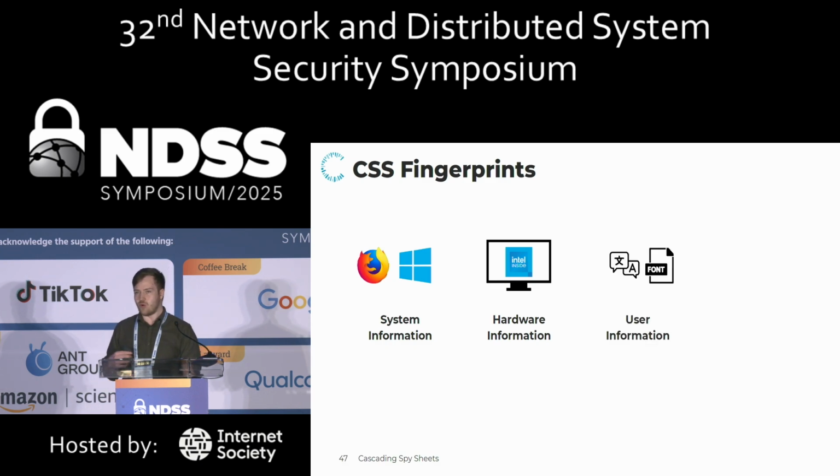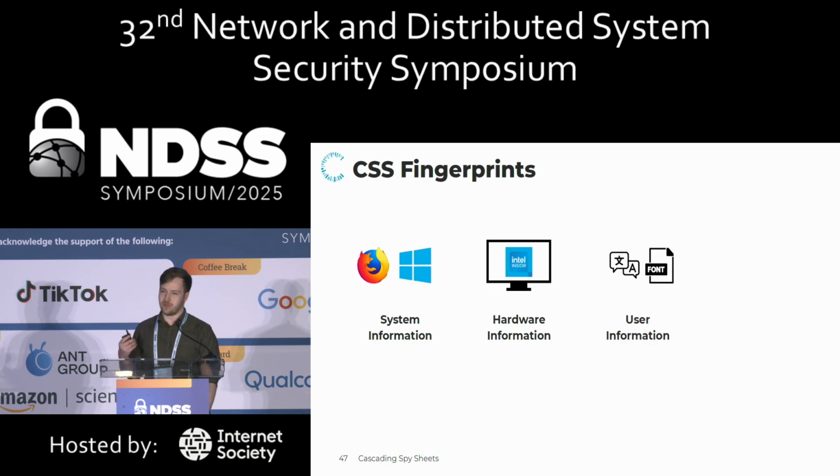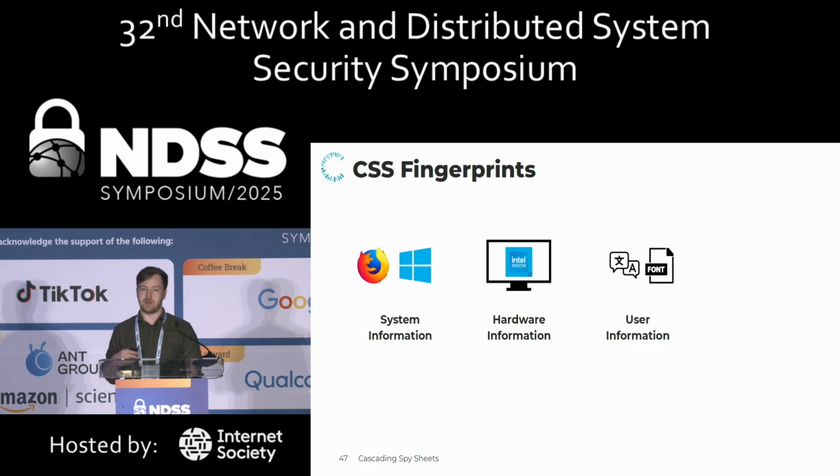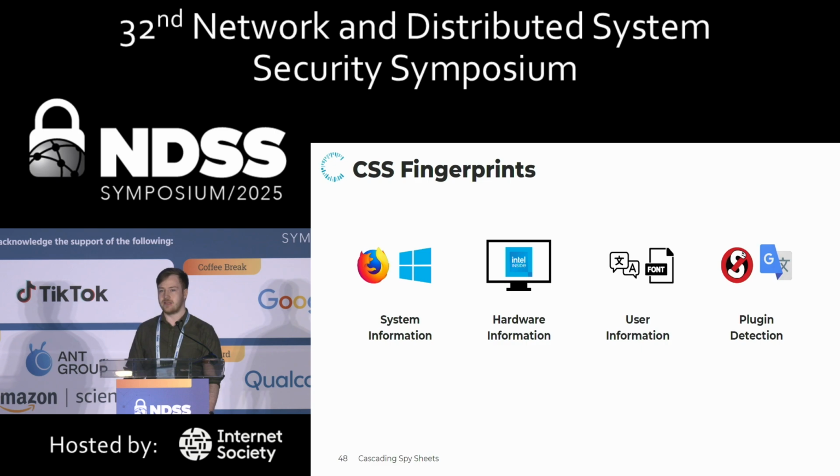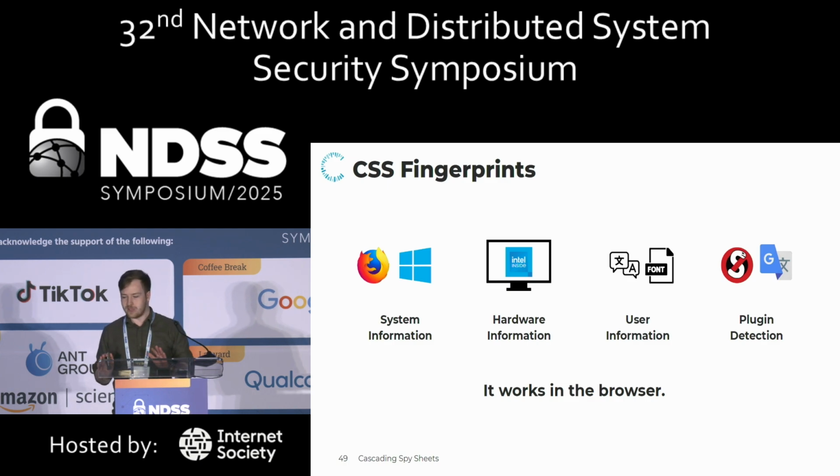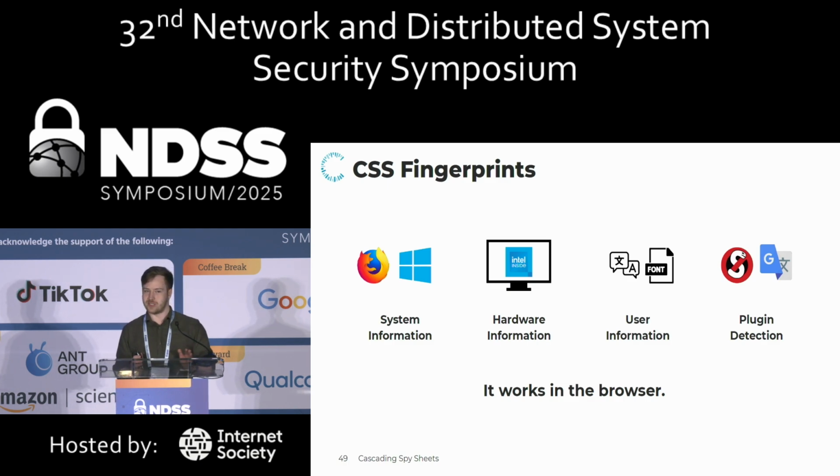We can query quite some user information, such as what language settings they have, or also which fonts they have installed, which in turn allows us to infer what applications they have available on the system. And we can also detect quite a variety of plugins that modify the content of a website somehow. So the conclusion and takeaway of this section is basically that all of this works in the browser, and it can also largely replace the capabilities of JavaScript-based fingerprinting.